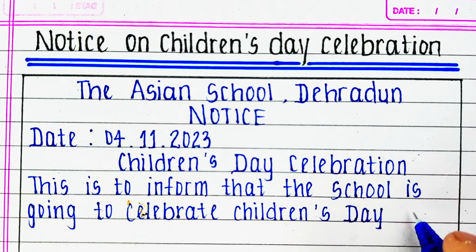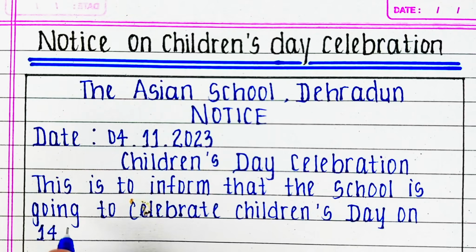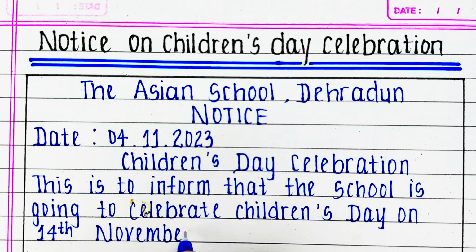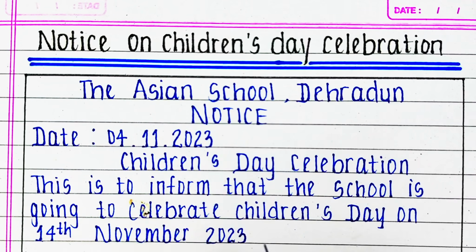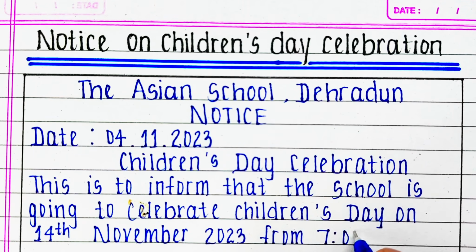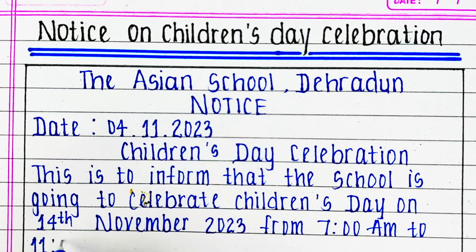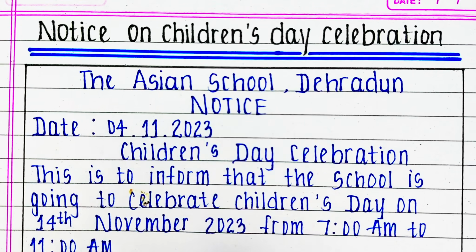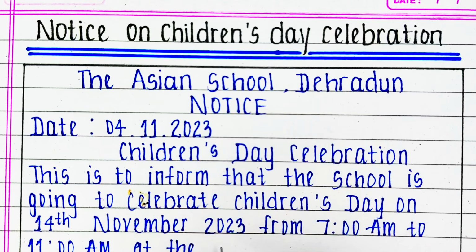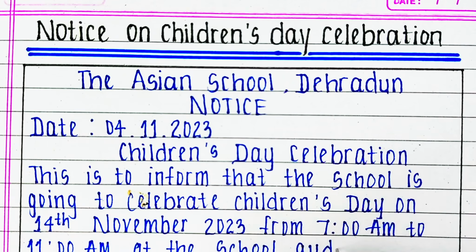Here, for example, I am writing: this is to inform that the school is going to celebrate Children's Day on 14th November 2023 from 7 am to 11 am at the school auditorium.